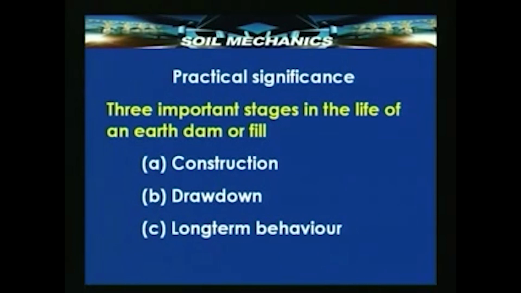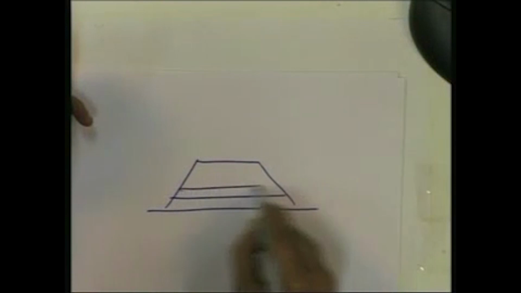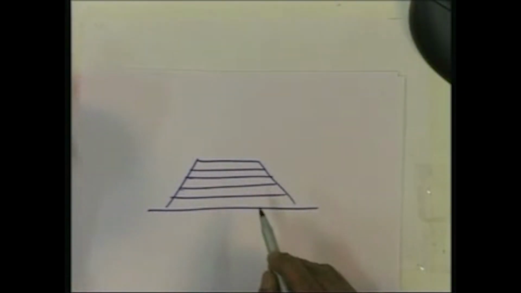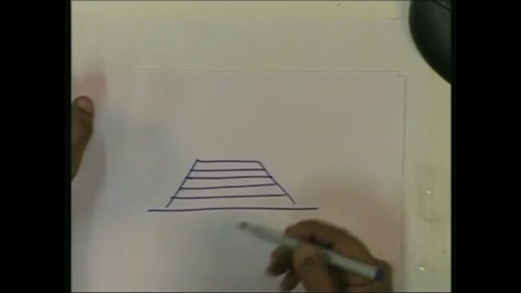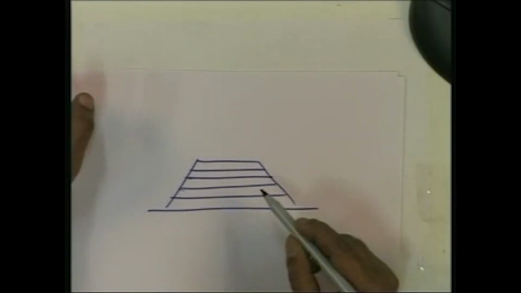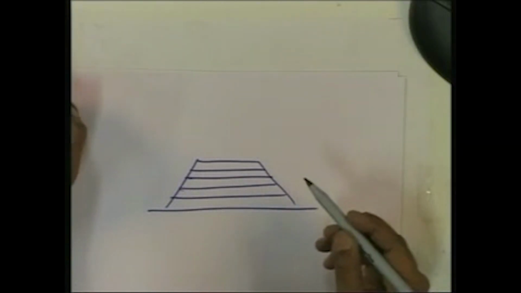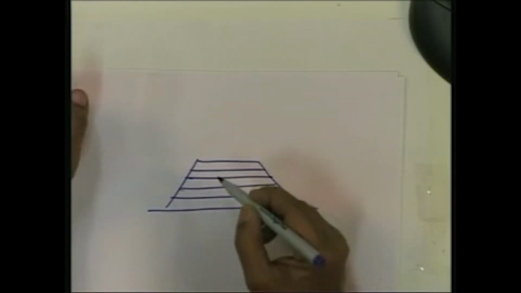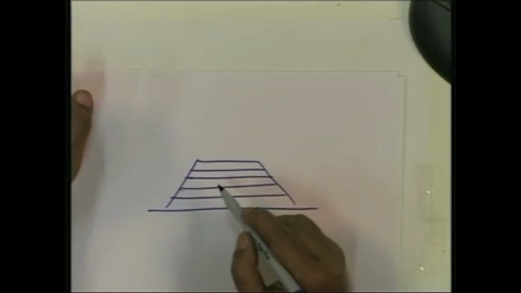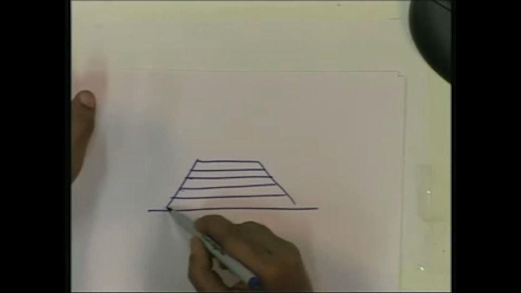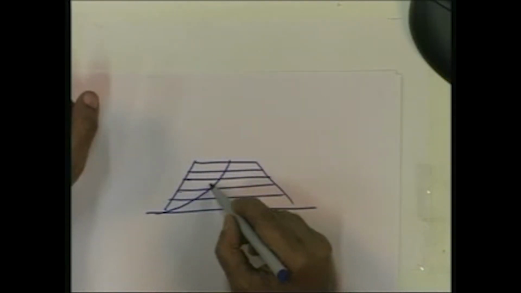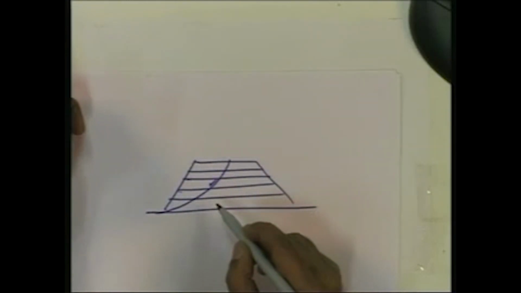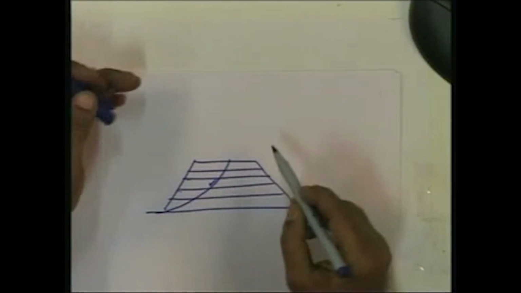What I mean is, suppose this is the earth dam which is being constructed layer by layer. If pore pressures are allowed to generate due to rapid construction and non-permission of water to expel, then it is quite possible that the pore pressures so generated cause shear stresses along some potential failure plane which exceed the shear resistance of the soil, and failure may take place.